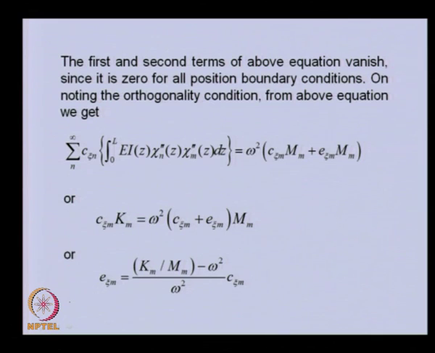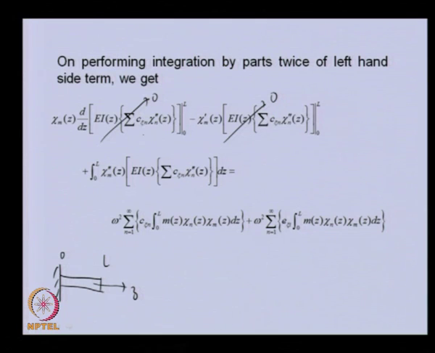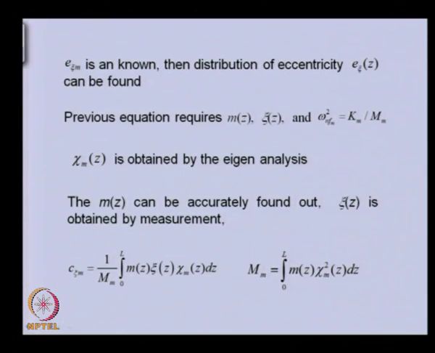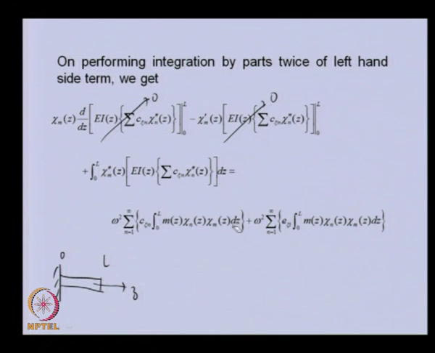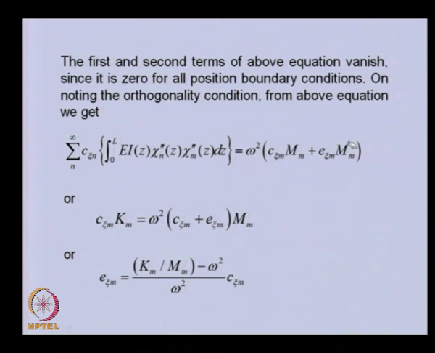Now, whatever the left out terms are there, we will apply the orthogonality conditions here. From the first term, the terms corresponding to xm will be non-zero, other terms will be 0. So this expression will come like this, and in the right hand side we already have this as the generalized mass, this is also generalized mass, and these constants are outside this integral. These are the constants corresponding to the response and the eccentricity.